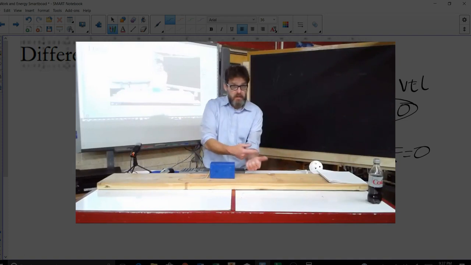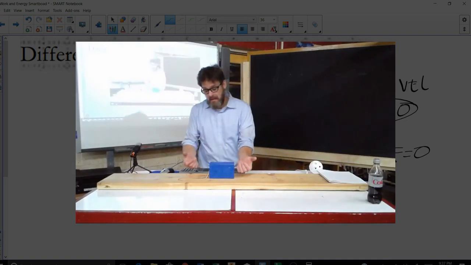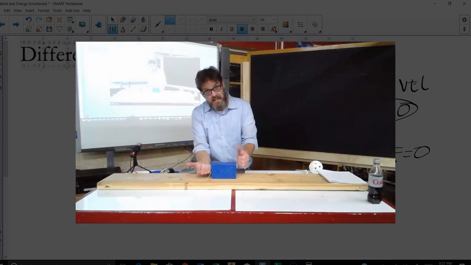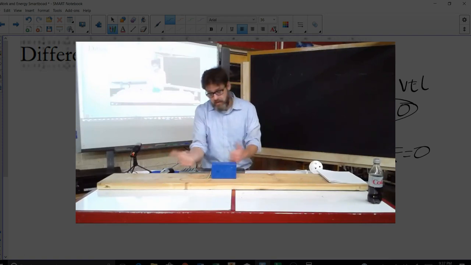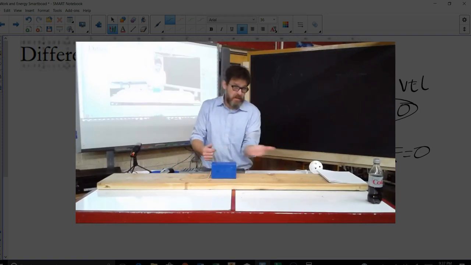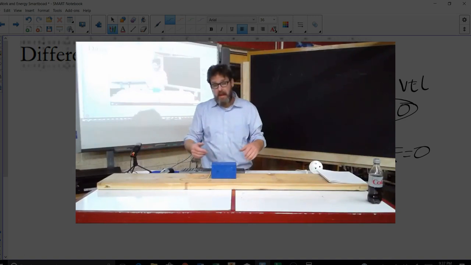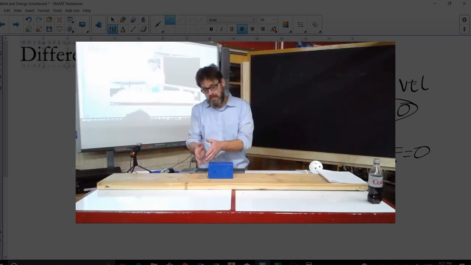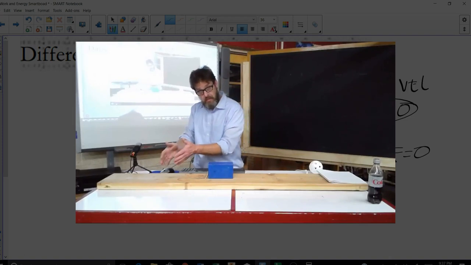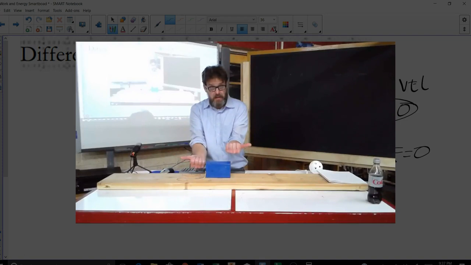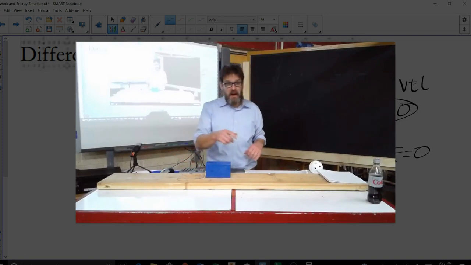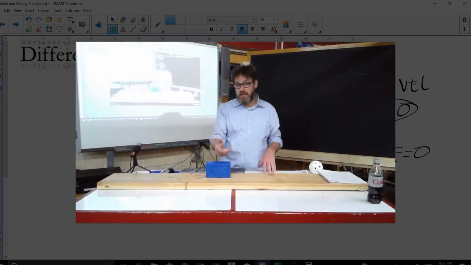But of course, my force is with the displacement, say both positive, and friction is against the displacement. Say friction's force is negative and the displacement's positive. You could look at it that way. Either way, friction has a negative force, a negative amount of work that it's doing because it's in the opposite direction to the displacement. And I'm doing positive.